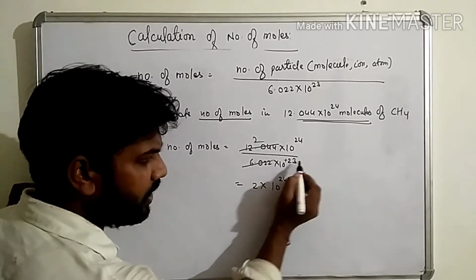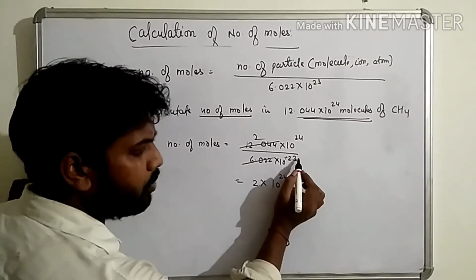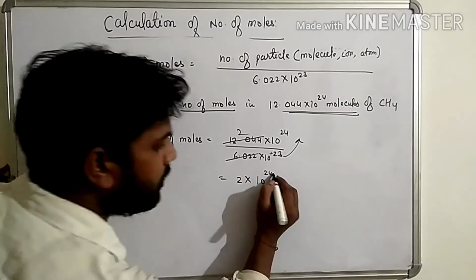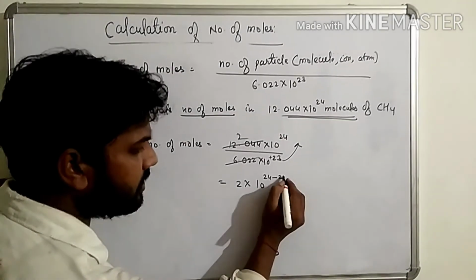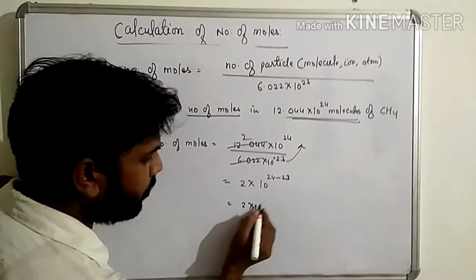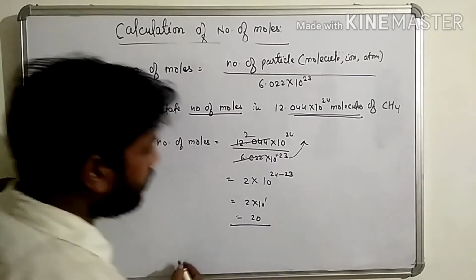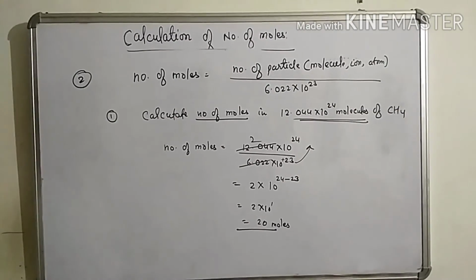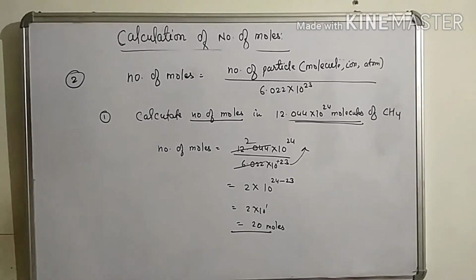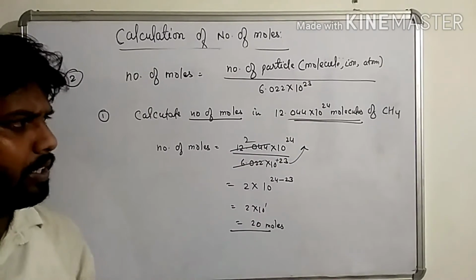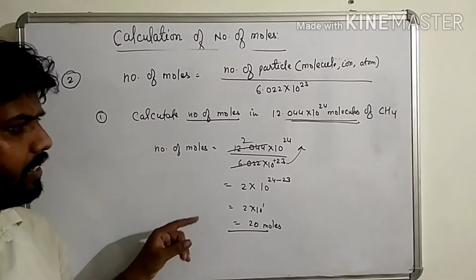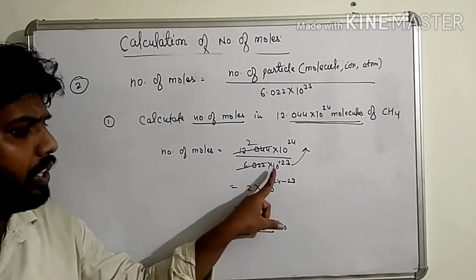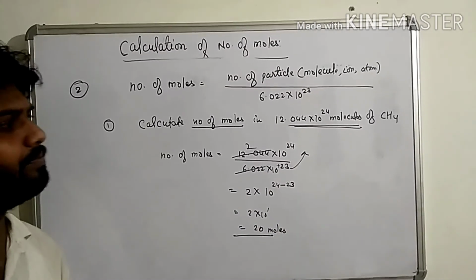When this exponent goes to the numerator, it will change the sign, that will be minus 23. So 10 to the power 1, it means 20. Number of moles is equal to 20 moles. It is very easy children to calculate number of moles by given molecules. We have to only divide the number of molecules by 6.022 10 to the power 23.